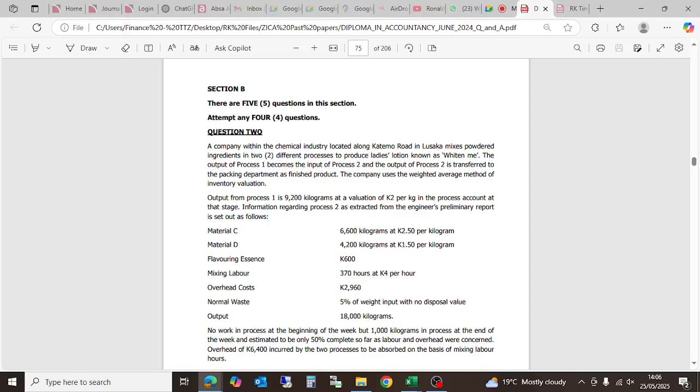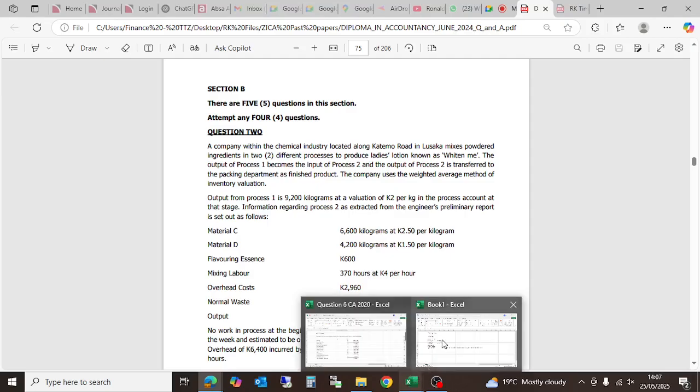The company uses the weighted average method of inventory valuation. Output from process one is 9,200. So we have the input already here. You've seen it, because they said the output of process one becomes the input of process two. So the output from process one is 9,200 kilograms, and the value is at 2 kwacha per kg in the process account at that stage. Okay, all right.